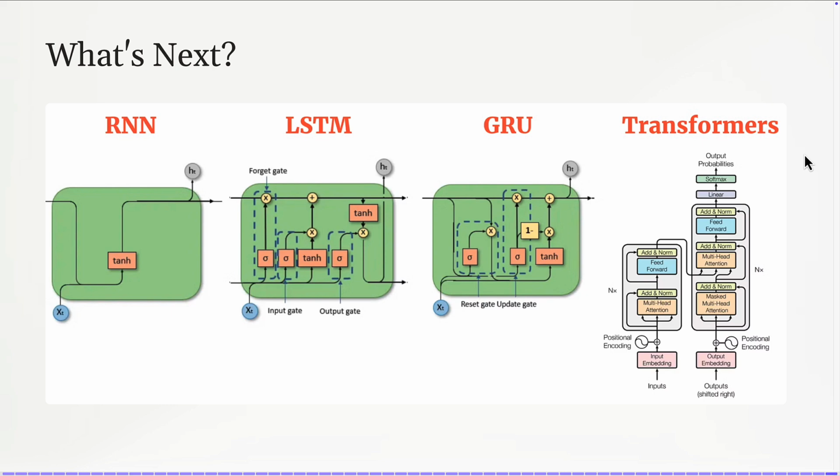LSTM also adds the concept of long memory. And some other variations like GRU also optimize the performance in terms of memory requirement and speed of execution. But still, it was not sufficient to build what we know today as large language models.